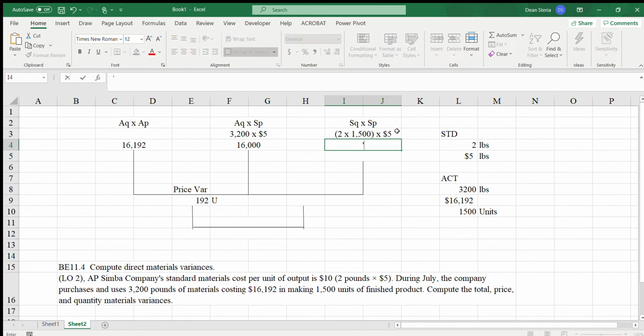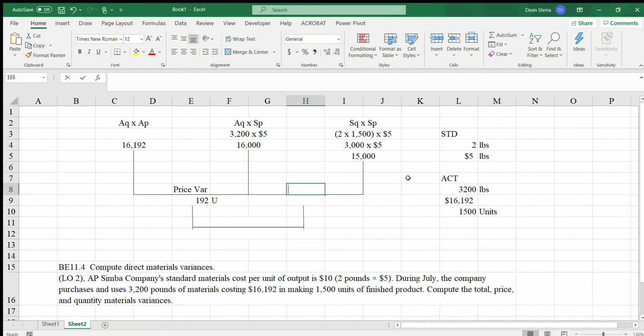So basically we have 3,000 pounds that we should have used times my $5. So that's going to tell me $15,000 should have been my standard. So we should have used 3,000 pounds, but you can see here where we actually used 3,200 pounds. So we used more than we thought.